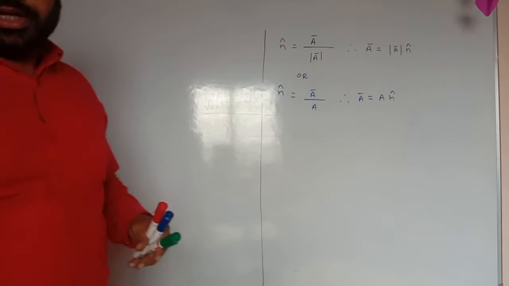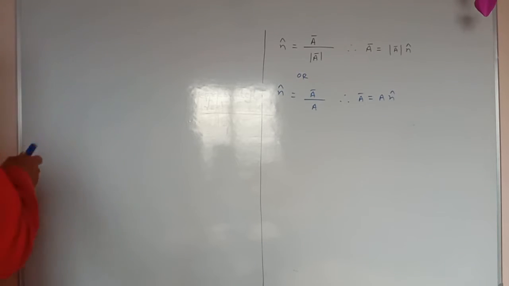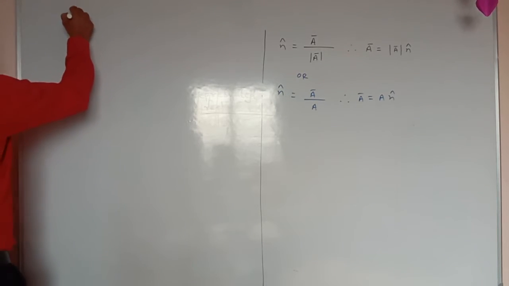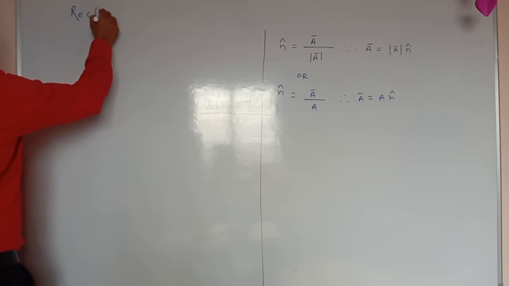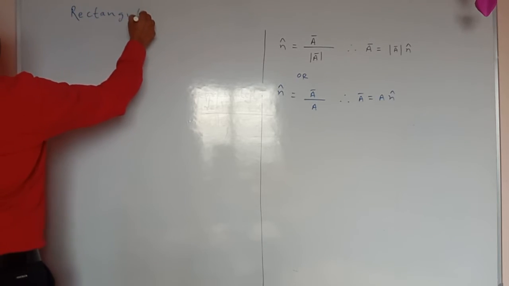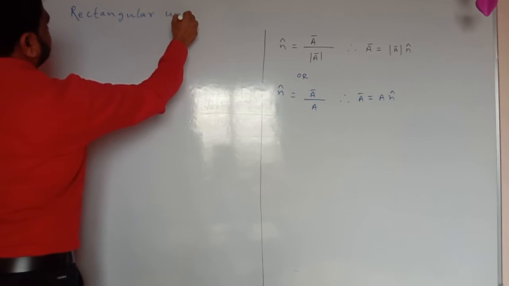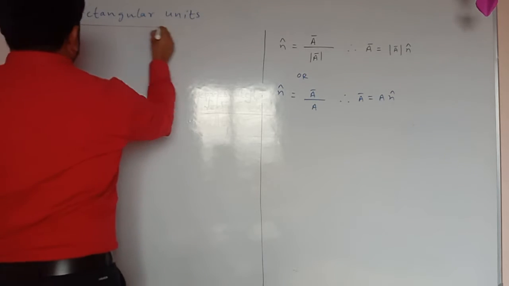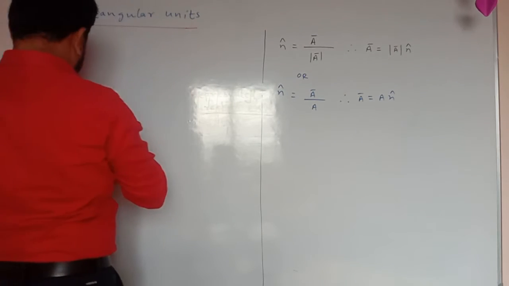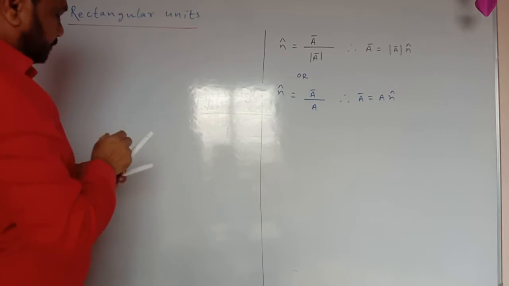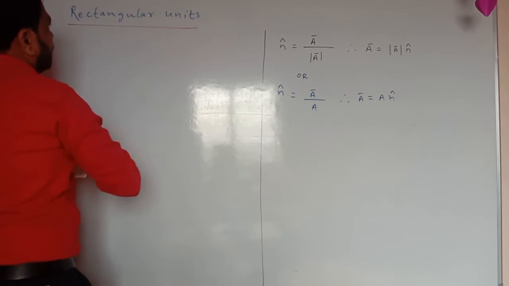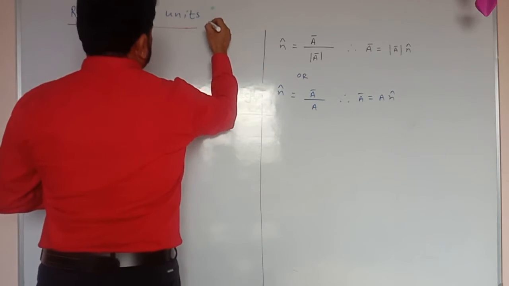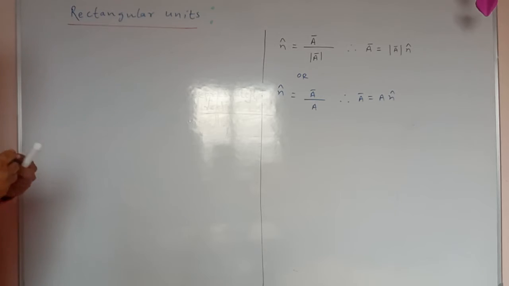Now give the heading rectangular units. Which are the rectangular units? For that purpose, just draw three vectors which are mutually perpendicular to each other.